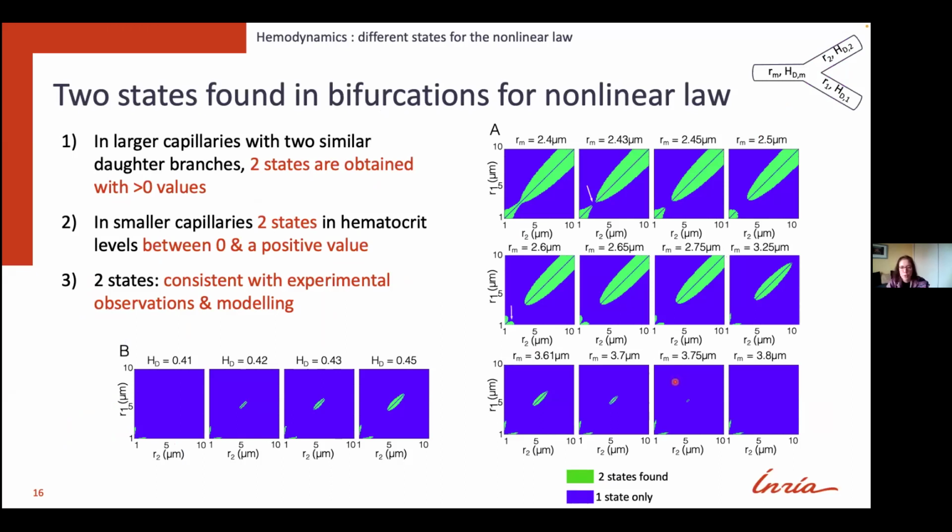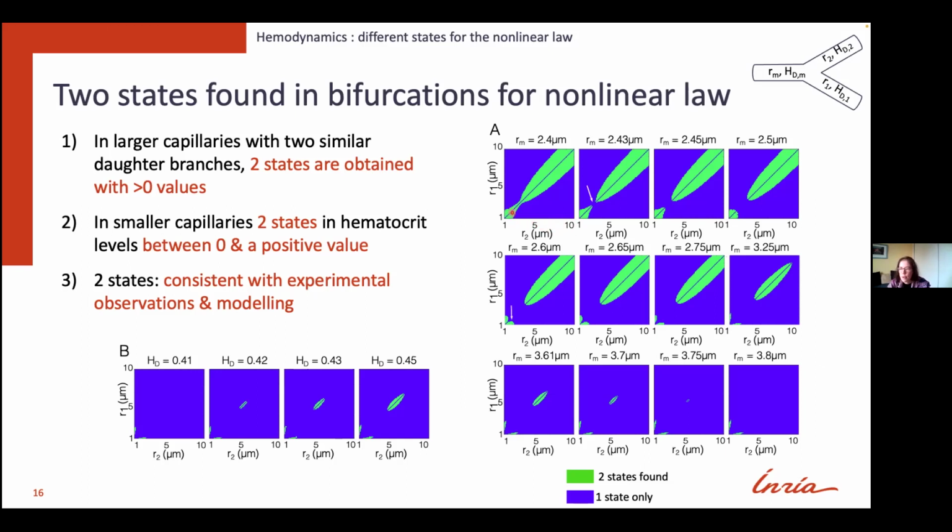Then what was a little bit puzzling at the beginning, but finally interesting, in this nonlinear model, is that sometimes we found two different states in the system. So here I'm plotting different graphs with, in each graph, the increasing radius of one daughter branch and the increasing radius of the second daughter branch.